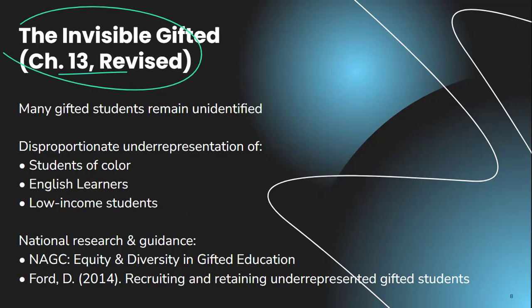As I mentioned, the NAGC resource might be a good one for you. Another one is the Ford resource. It outlines practical strategies for recruiting and retaining underrepresented gifted students, including universal screening, portfolio assessments, and mentorship programs.